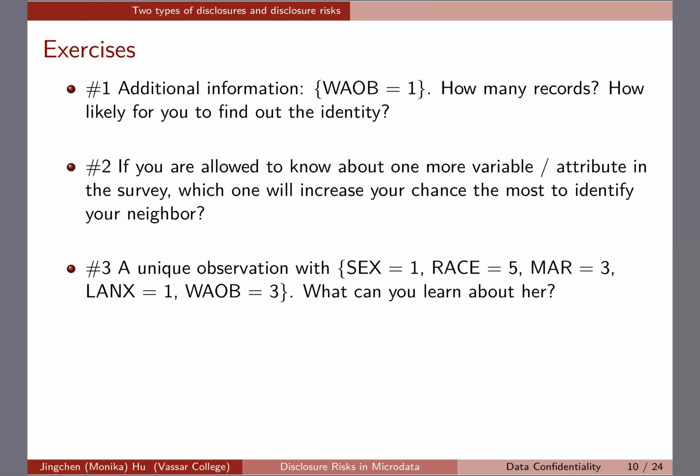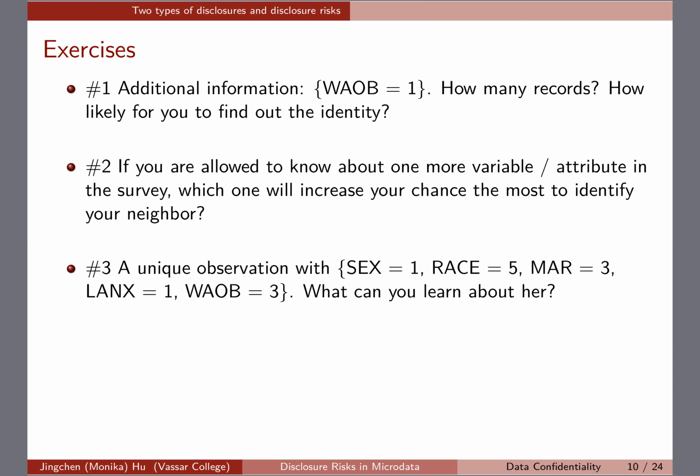So maybe if you choose a different category of that WAOB, the number will drop a little bit more. So that means that for that combination is less likely. But as of now, it's 1 over... sorry, 2015. Yeah, so it's 1 over that.